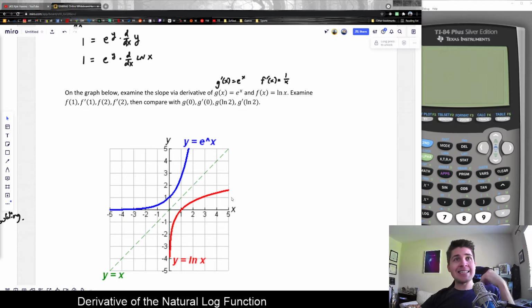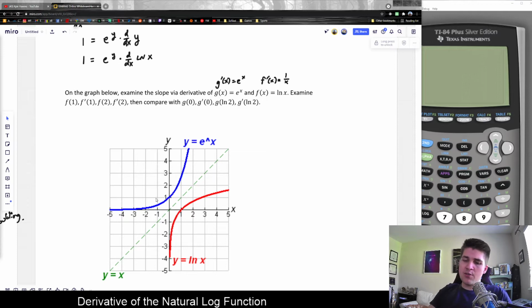ln of x, since it's the inverse function, will have exactly the inverse points. There's the symmetry about the line y equals x, which is always a present algebraic feature of inverse functions, but basically ln functions have this shape. As x goes to infinity, ln goes to infinity, and as x approaches 0, ln of x heads to negative infinity.